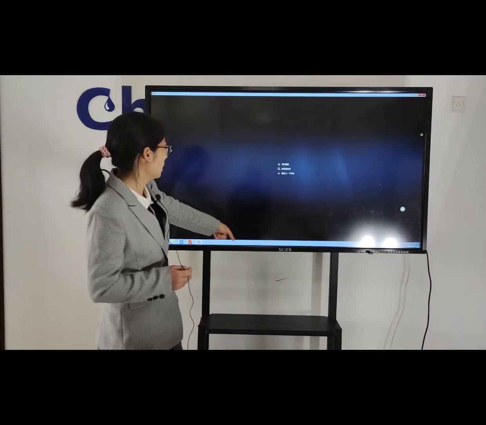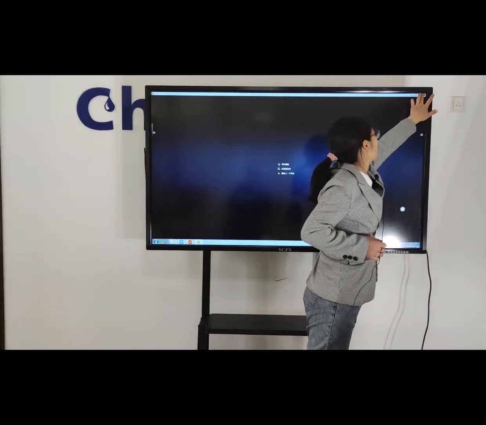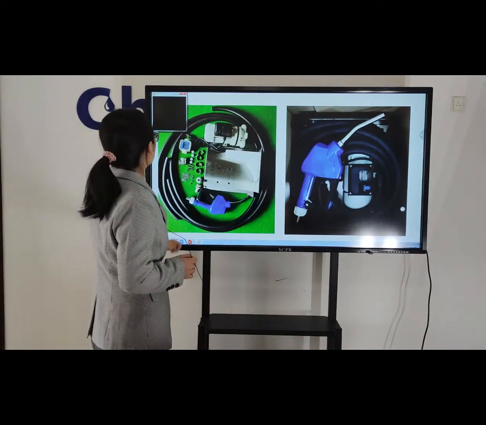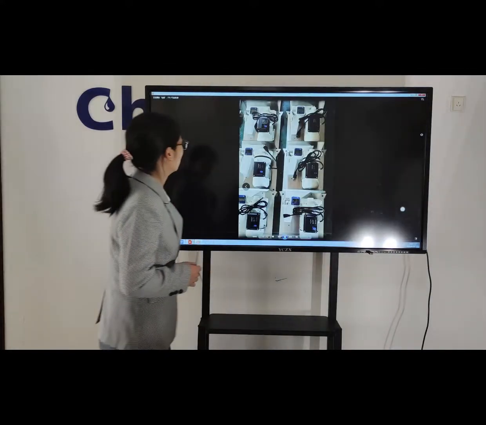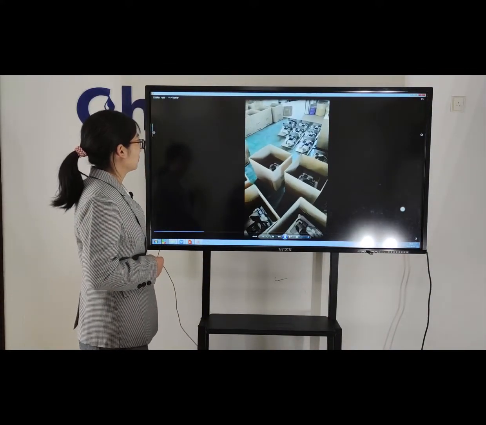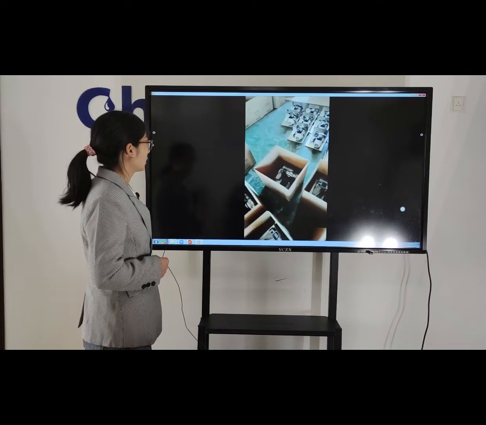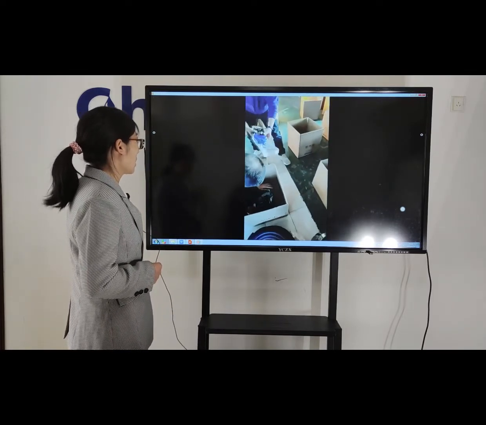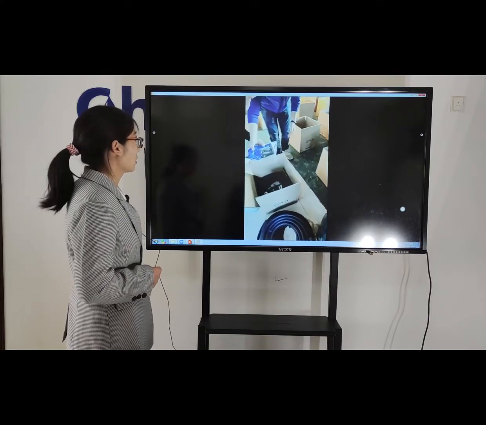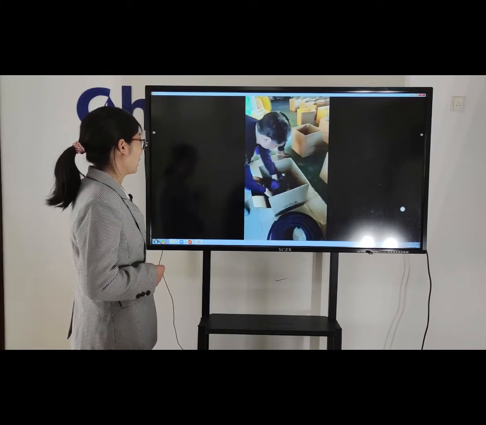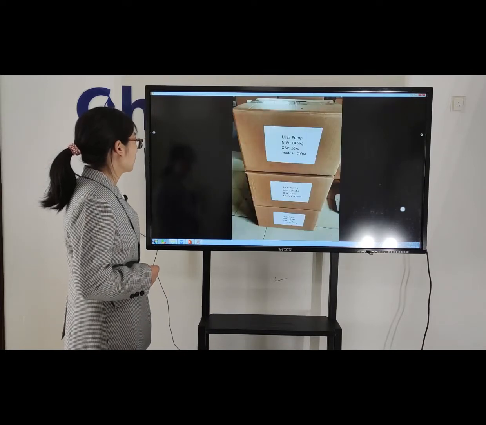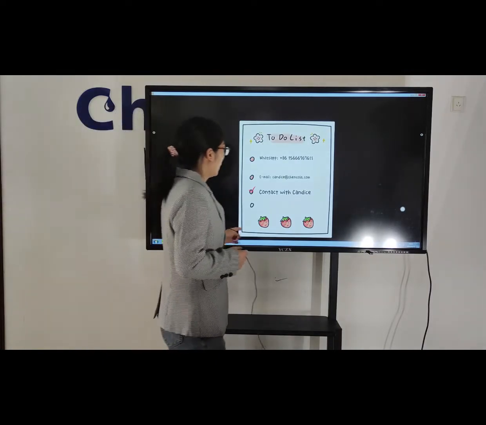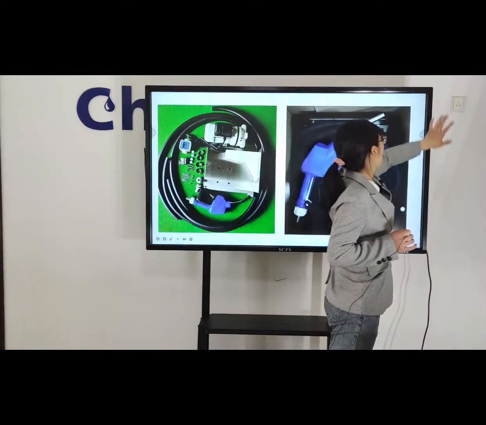You can see this is the plastic filling gun used. One set in each carton, and we will stick the label on the surface of the carton, put the hose and filling gun inside, and we will get it palletized before it is loaded.